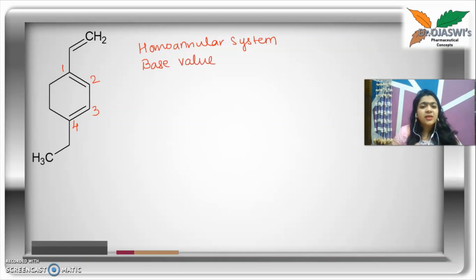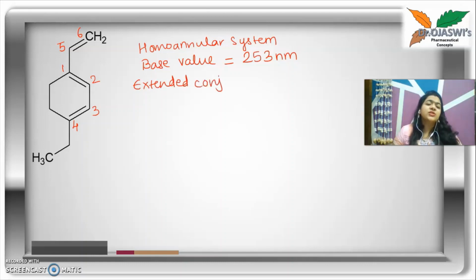And what is the next step? After base value, what do we look for? We look for extended conjugation. Yes, I see a third double bond also there, and the third double bond is in conjugation, so I call it extended conjugation. Immediately I will number it and I will add 30 units for extended conjugation.